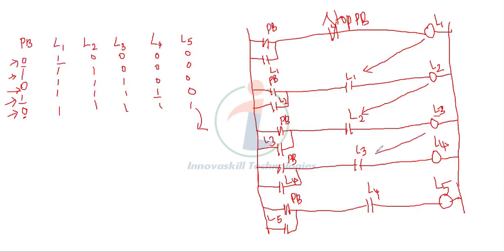If L3 is off, again L4 will be off. If L4 is off, L5 also will be deactivated. So if the stop push button is used only here, that itself is enough. This will deactivate everything. So this is how you will do the interlocking concept when you have multiple outputs.